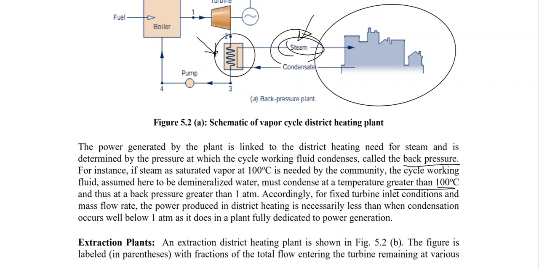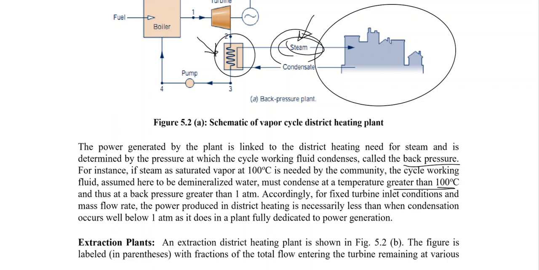That also means when we are exiting in the condenser, we will be exiting in the condenser at a high pressure. So yes, you can imagine higher pressure in a condenser would also mean we are losing some power. So obviously it is actually a trade-off, or a little bit of inefficiency that you can bear, because you need to have a steam or hot water out of the power plant as well.